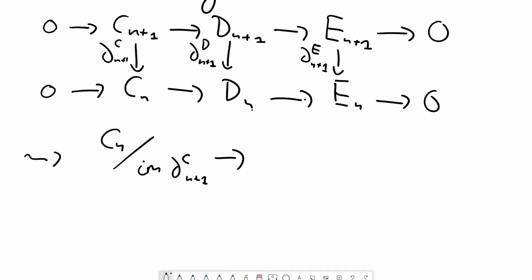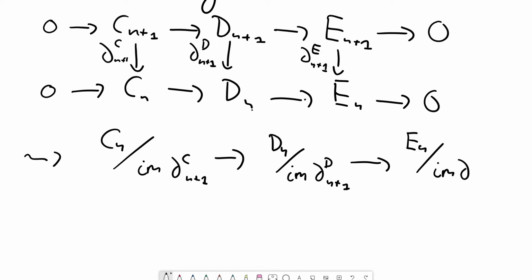From there going to the co-kernel of this boundary homomorphism here, so that's D_n modulo the image of the differential d^D_{n+1}. And from there we've got the co-kernel of the last differential, so that's E_n modulo the image of d^E_{n+1}.